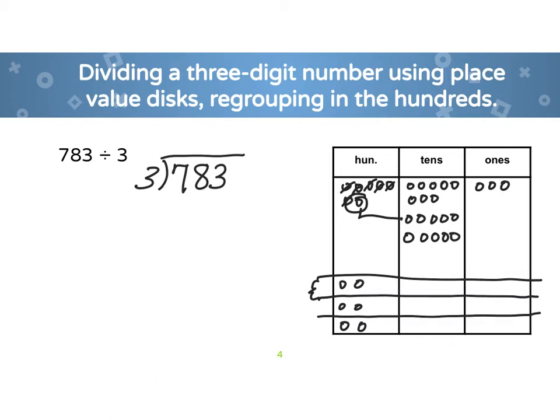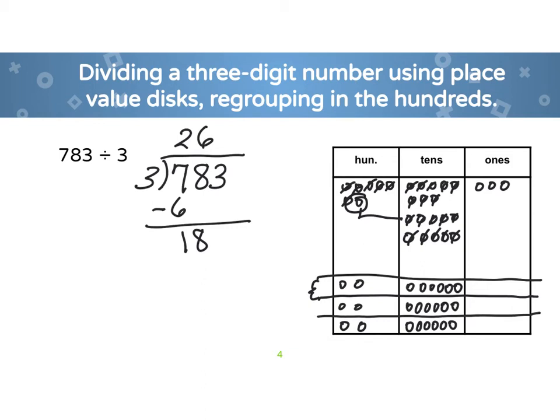Now I'm going to pause and do that on my long division so you can see what's happening. Here's where I'm at. I have 18 tens now, and I need to divide those up equally into my 3 groups. Just like on my place value chart, on my long division I have 18 tens. Everybody gets 6. 18 divided by 3 is 6. 6 times 3 is 18.